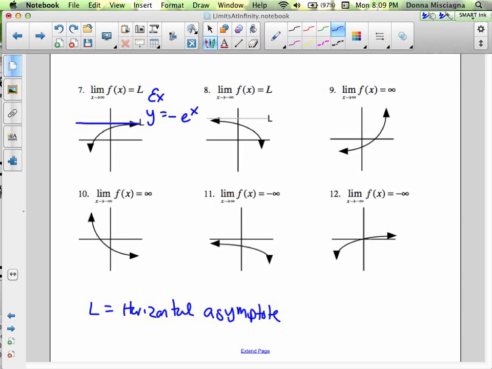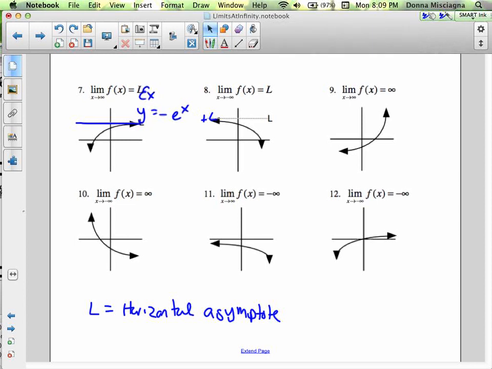So we're reflected, and actually this one would be plus something, plus L in this case. That would give that horizontal asymptote of L there. Without L, its horizontal asymptote would be 0. And so these horizontal asymptotes are a little easier to see, at least. Right there's our horizontal asymptote. It's not very straight. There's our horizontal asymptote.